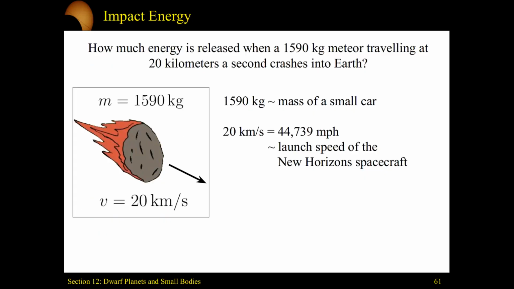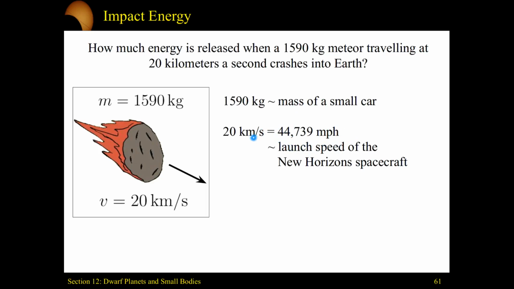Now let's talk about how much energy is released when a meteoroid crashes into the surface of the planet. To put this in perspective, let's take a meteoroid that has a mass of 1,590 kilograms, and it's moving at a brisk 20 kilometers a second. To put that number in scale, this mass is about a tiny car, just a small car, but moving very rapidly.